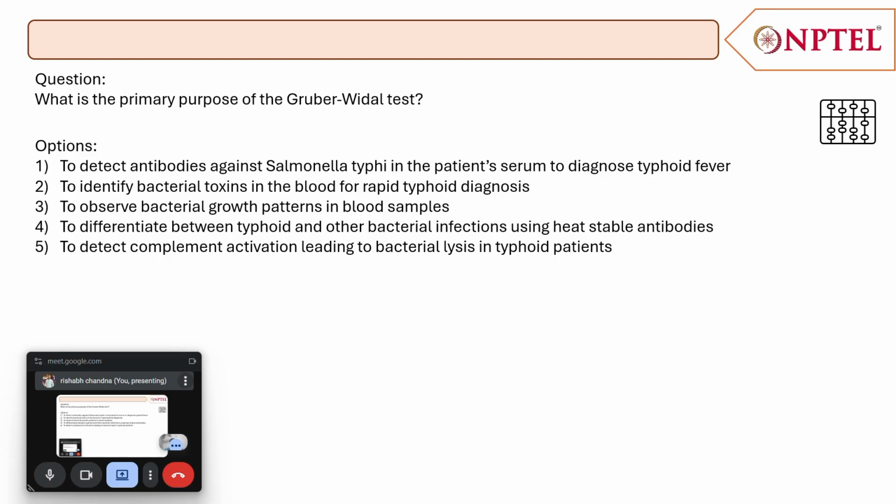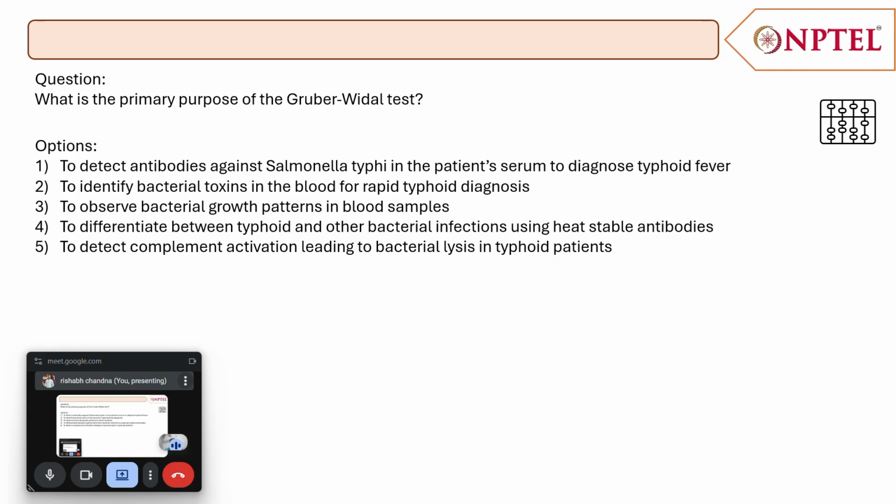Okay, so let's see the options. It is used to detect antibodies against Salmonella typhi in the patient's serum to diagnose typhoid fever; to identify bacterial toxins in the blood for rapid typhoid diagnosis; to observe bacterial growth patterns in blood samples; to differentiate between typhoid and other bacterial infections using heat stable antibodies; and to detect complement activation leading to bacterial lysis in typhoid patients.